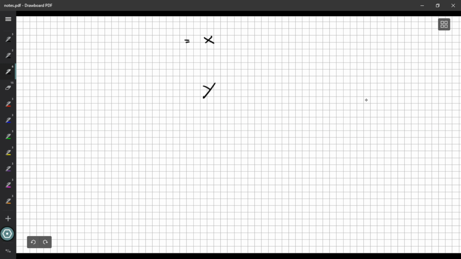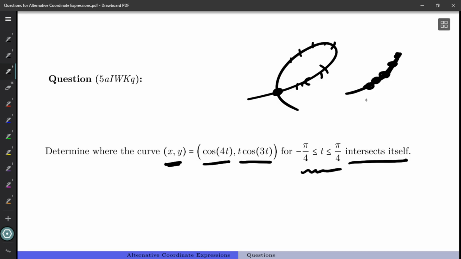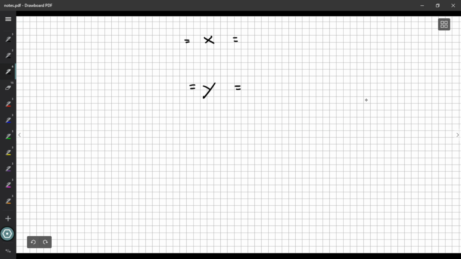So what we'll do is we're going to set up equations equating the x and y coordinates, but rather than always having this t in here, we're going to introduce some new parameter s. Okay? We're going to ask that s not be t, and we're also going to be working with s and t confined to our particular range of values between negative pi by 4 and pi by 4.